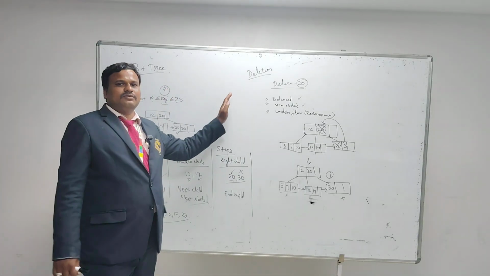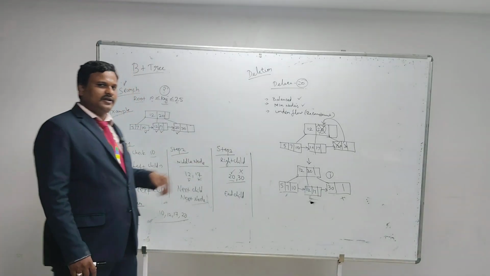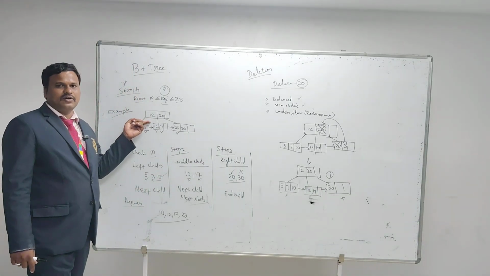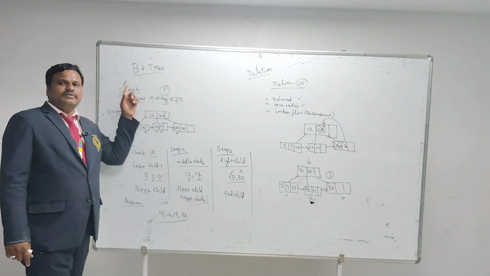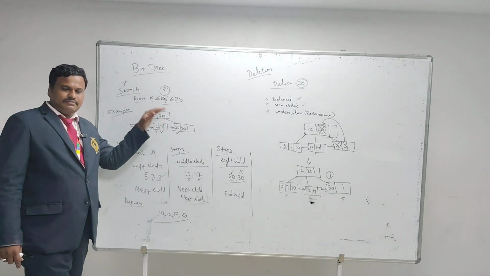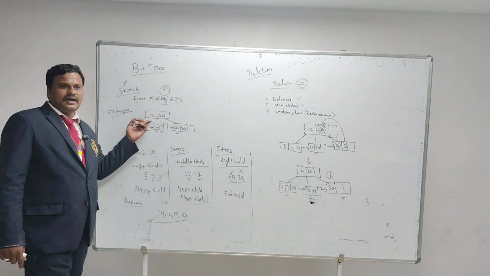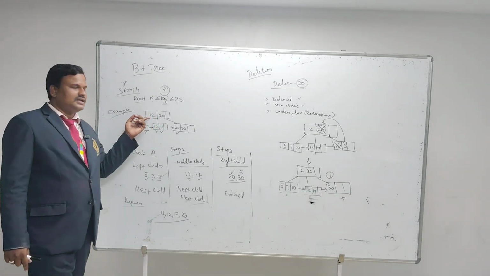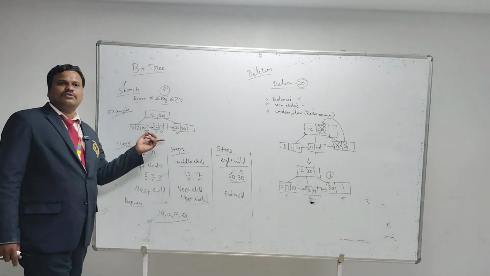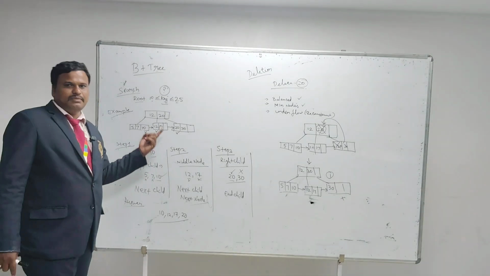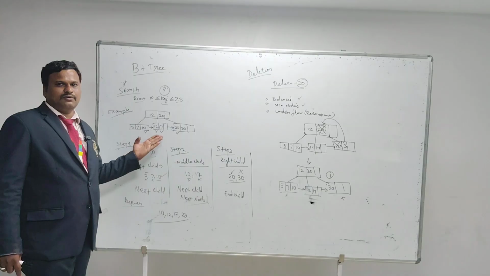Whatever order of keys is given, we need to follow it. Here the order will be 4, and we remove 1, that is m minus 1. So we have 3 keys possible and 3 leaf nodes possible here. Maximum 3, minimum 1. The same concept we follow.